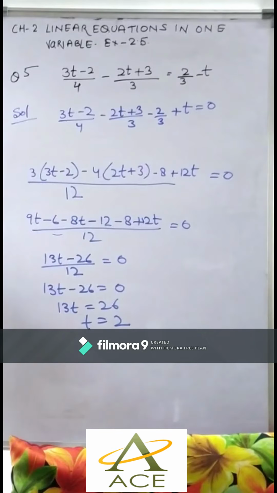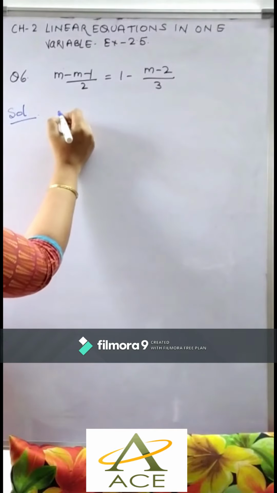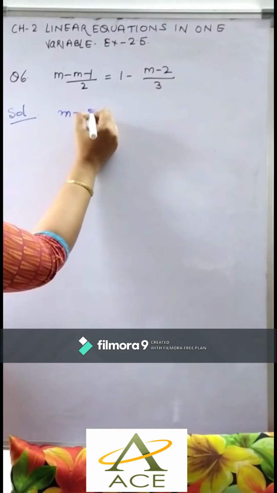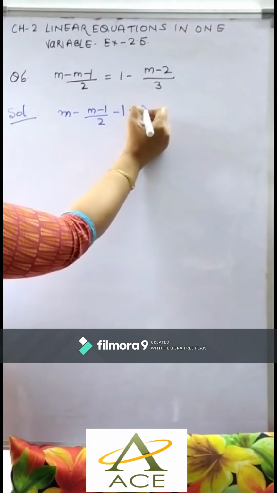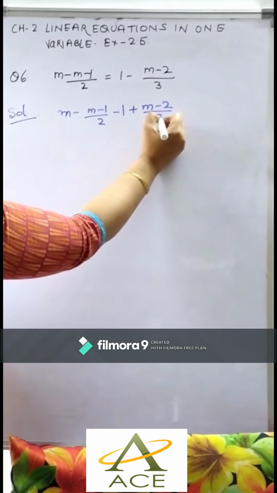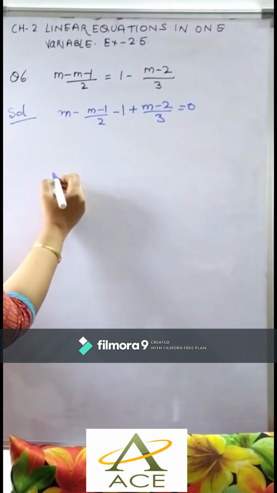Now we'll take question number 6. Now in this question also we'll take all the terms on one side. m minus 1 upon 2 minus 1 plus m minus 2 upon 3 is equal to 0. Now we'll take the LCM.